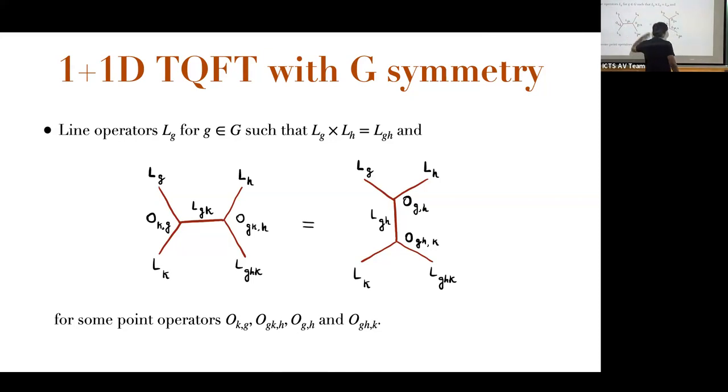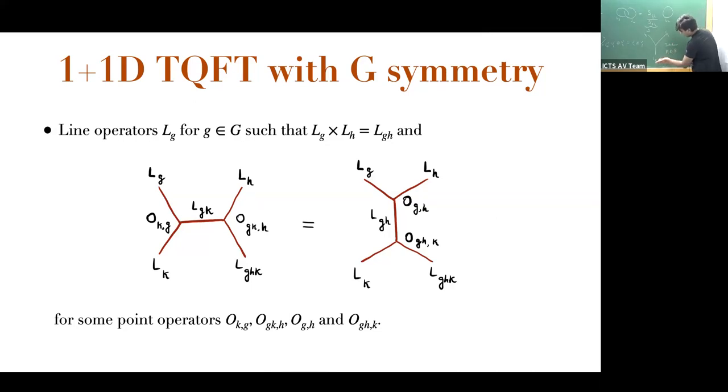So in the language of representation theory, I can tell you what this is. If we have three Wilson lines L_R1, L_R2, L_(R1 times R2) forming a junction, then the point local operator here is the intertwiner between this product.